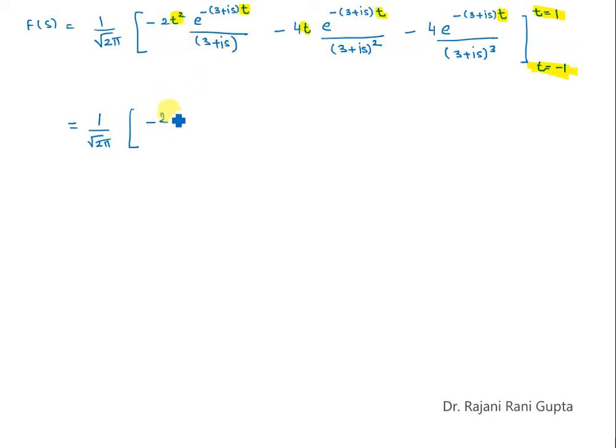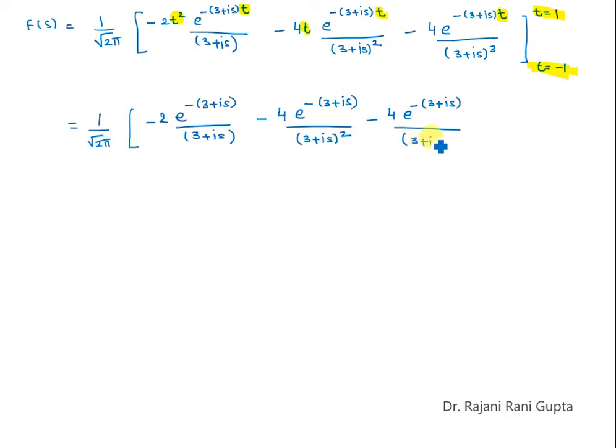So you get 2 times 1, which is 2, e power minus (3 plus iota s) over (3 plus iota s), minus 4 times 1 gives you 4, e to the power minus (3 plus iota s) over (3 plus iota s) to the power 2. And here minus 4 e to the power minus (3 plus iota s) over (3 plus iota s) to the power 3.